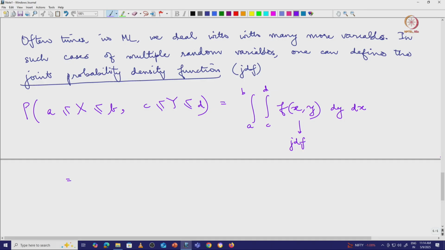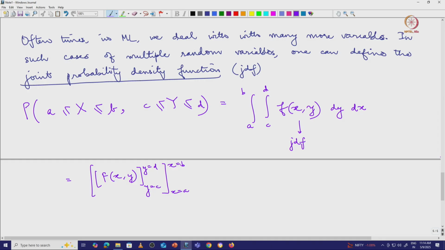I hope that makes sense, and then clearly we can further simplify this. This is basically f of x,y, if we define a cumulative distribution function for y going from c to d, and then the outer limit x going from a to b.